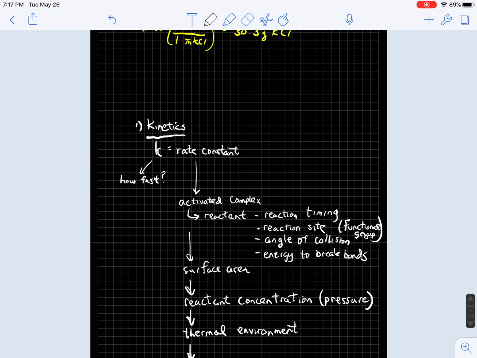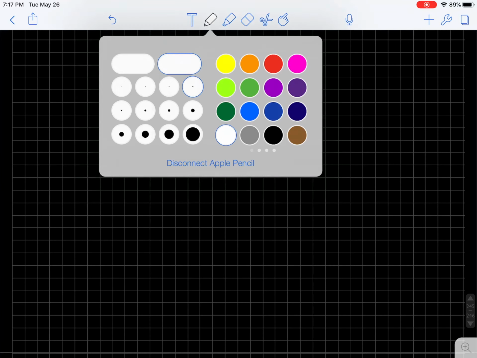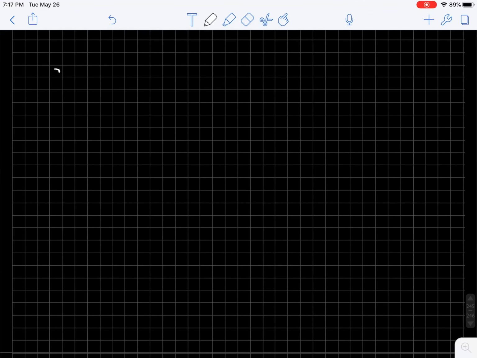The second factor we said was thermodynamics. And when they talk about thermodynamics, they introduce capital K, and this is called the equilibrium constant.